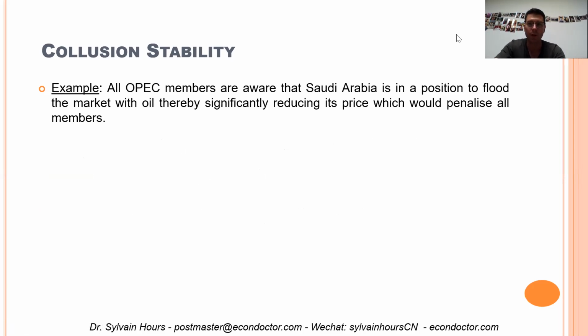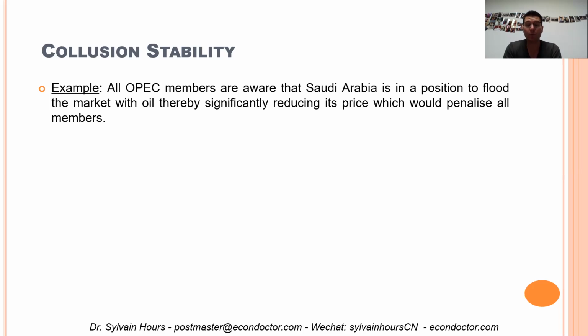So, okay, you have an example with the OPEC. All OPEC members are aware that Saudi Arabia, which can be seen as the dominant member of this cartel, is in a position to flood the market with oil, thereby significantly reducing its price, which would penalize all members. So if you have, let's say, Venezuela that decides to defect, Venezuela is given one extraction quota and it chooses to extract more, then Saudi Arabia might retaliate and extract much more oil than what was planned given the quota.